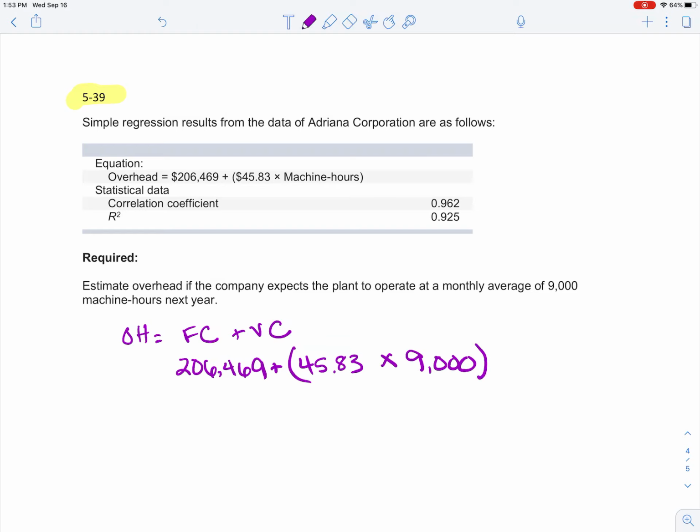So if I do all of that math, this is 412,470. My total overhead then is going to be 618,939.